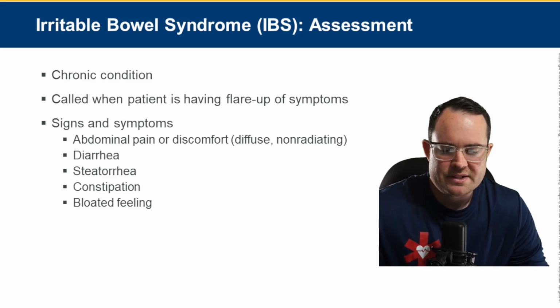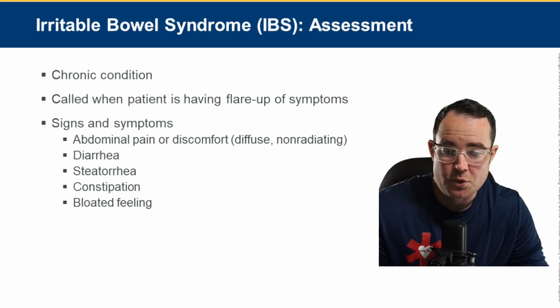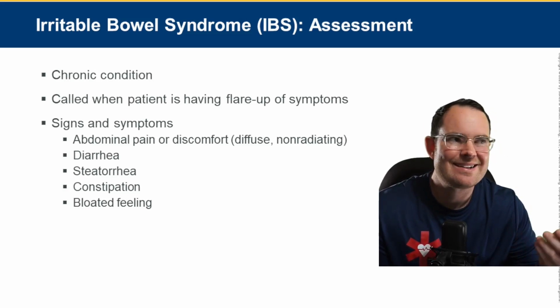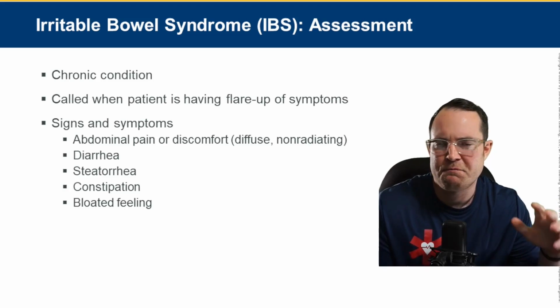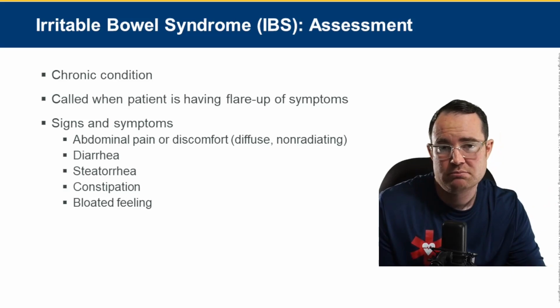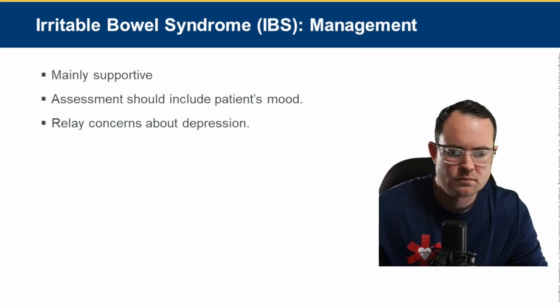One word in here that's kind of out there is steatorrhea. Typically that means there's excess fat from food content in the bowel movement. So in the stool, there'd be excess fat.